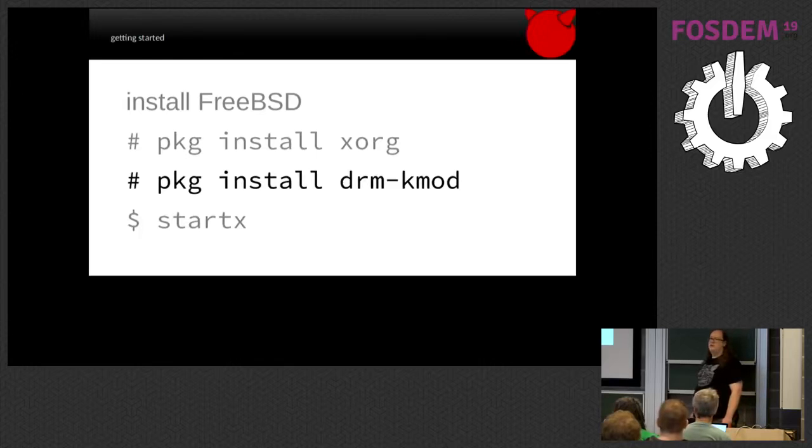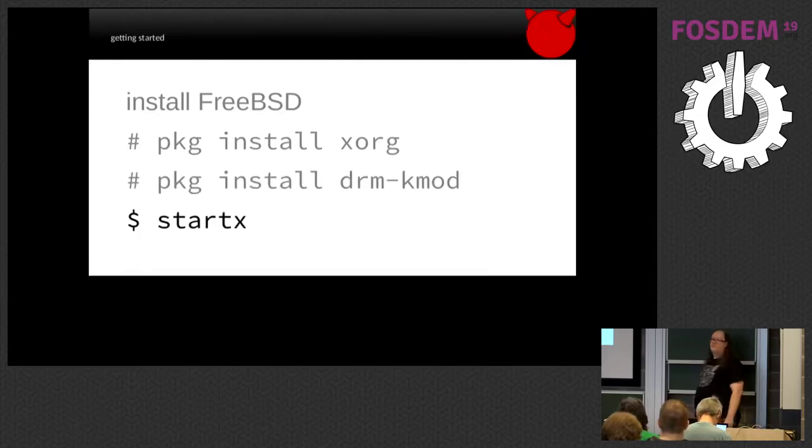It needs to be in sync with your kernel, because kernel interfaces might change and data structures might move around. So if you're not using a release, you need to build it from ports. It's fairly quick to build. It's located in graphics/drm-kmod, and you will build it for your kernel together with the firmware needed to use the graphics card.